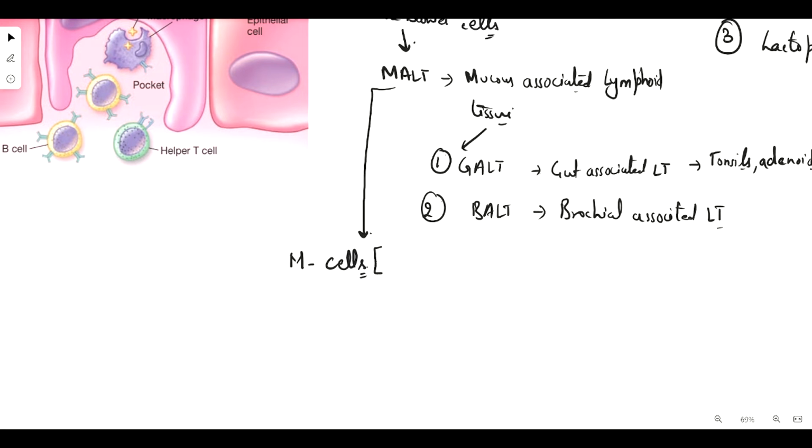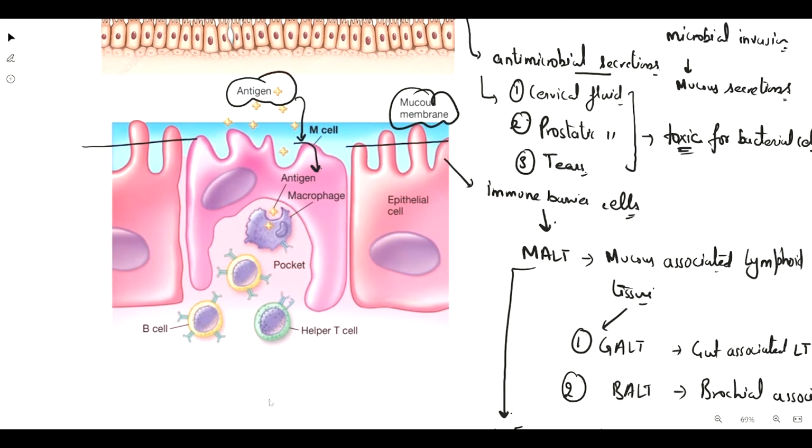These M cells do not have any brush-like system or microvilli. But as you can see here, they have large pockets, and these pockets contain B cells, T cells, or macrophages.